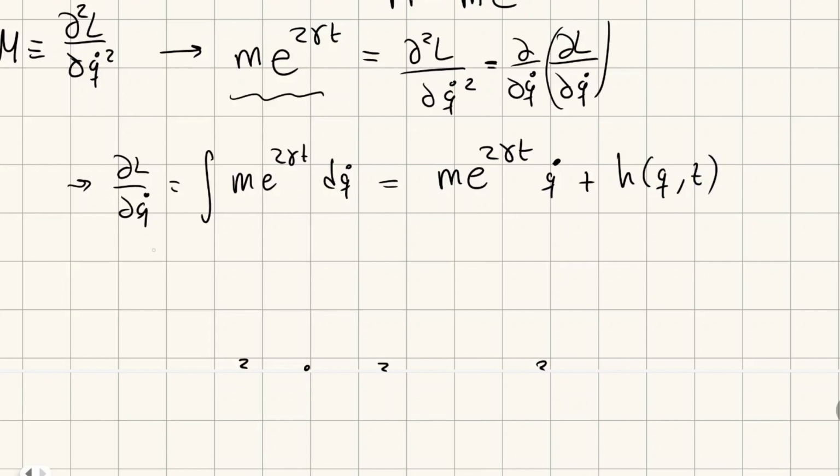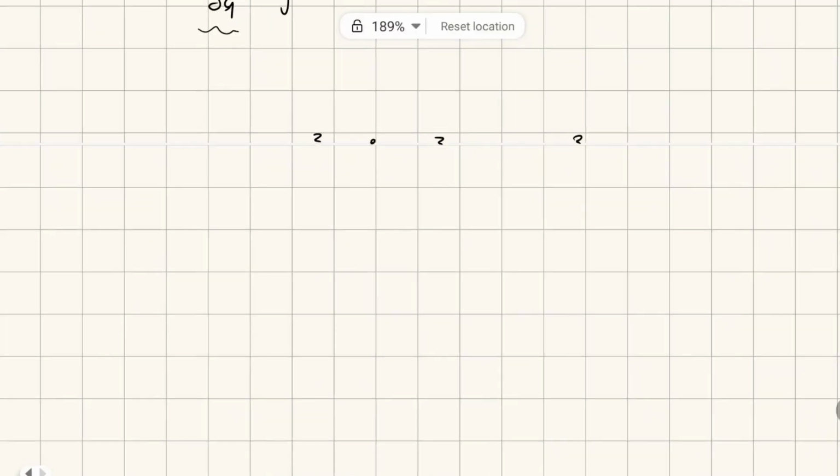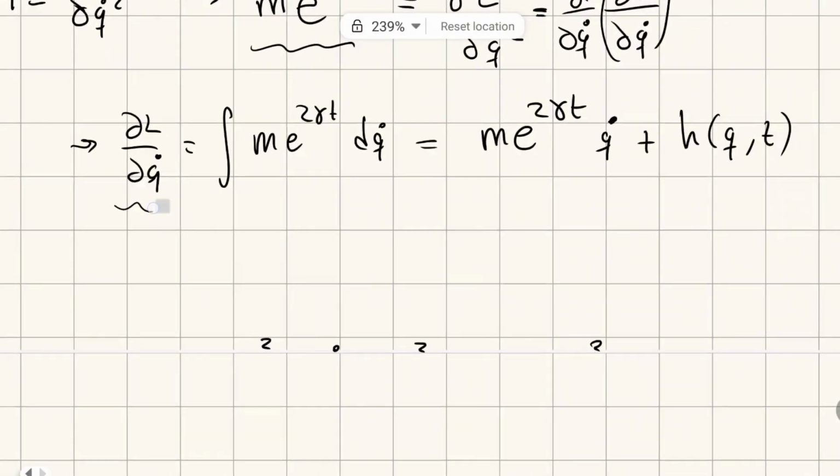That means that the partial of this quantity with respect to q dot will be m e to the 2 gamma t, because the partial with respect to q dot of this is 0. So this is like our constant of integration.